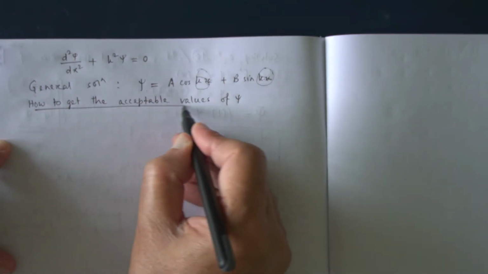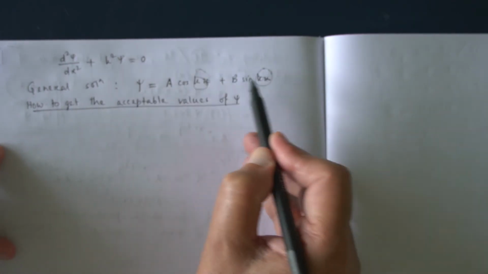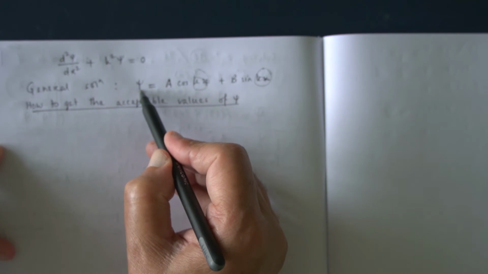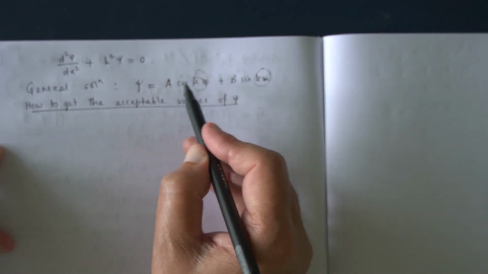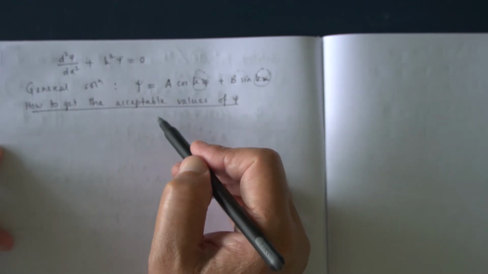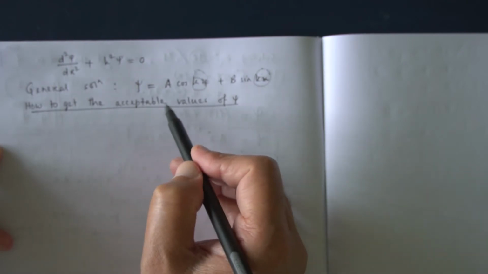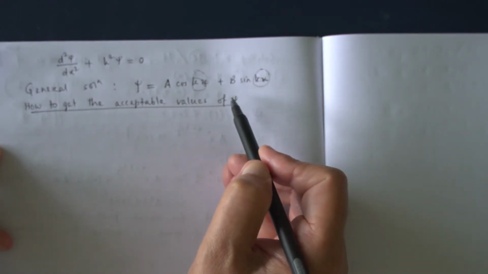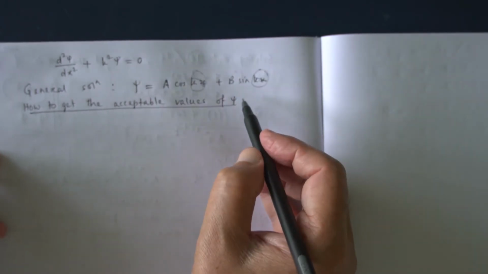I repeat, depending on the value of x, we will get thousands of values of psi, but not all of them are significant. We want only those which are significant.